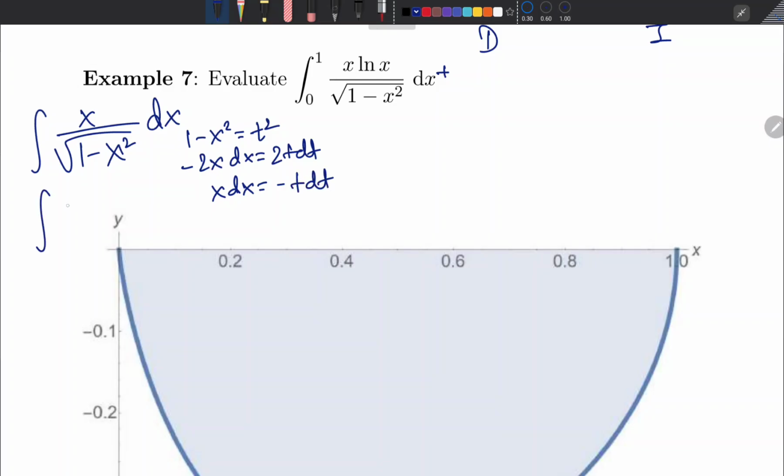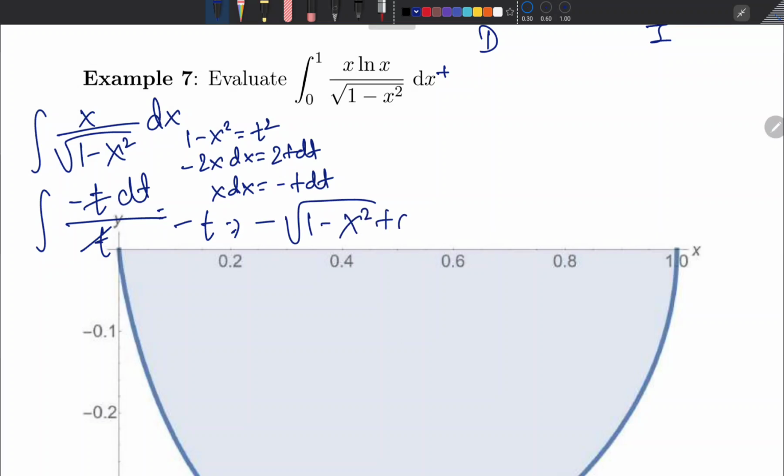So the integral is minus t dt over t, so basically we have minus t, which is minus the square root of 1 minus x squared plus c. So this is the value of that integral, right?